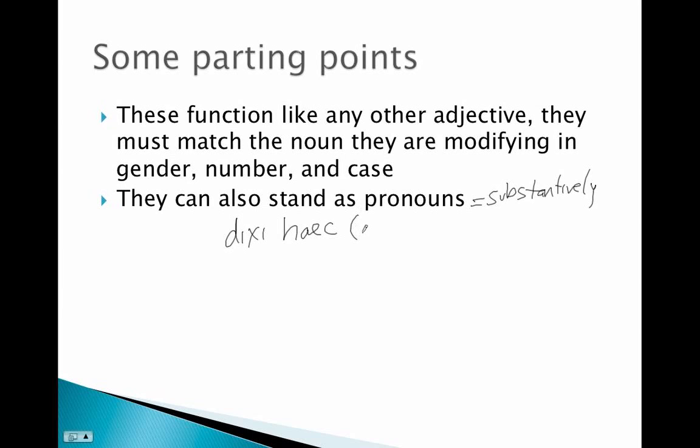So we have to understand that this is neuter plural accusative. I said these things. I don't need a word for things, right? Or this man, I could just say hic. Hic est bonus, ille, that man, malus. Right? I can use them all by themselves.